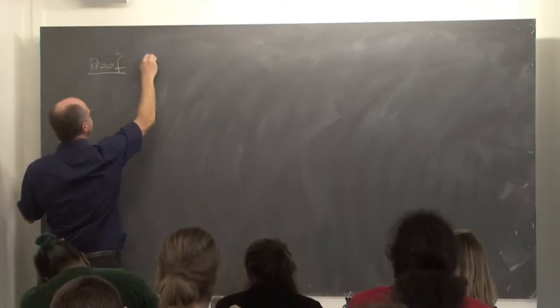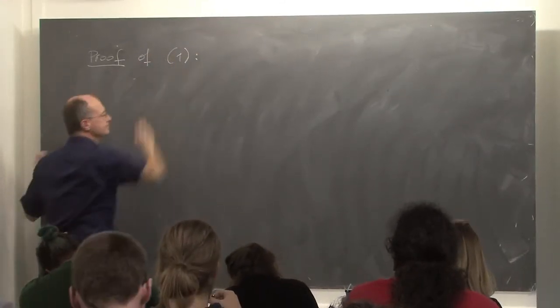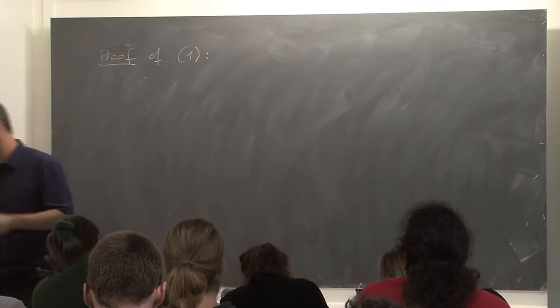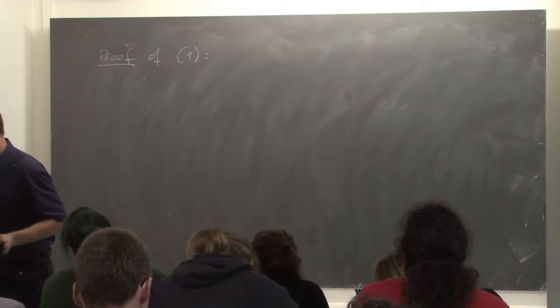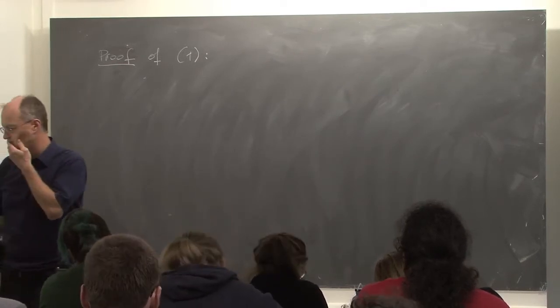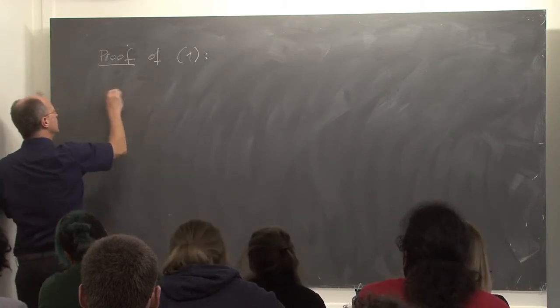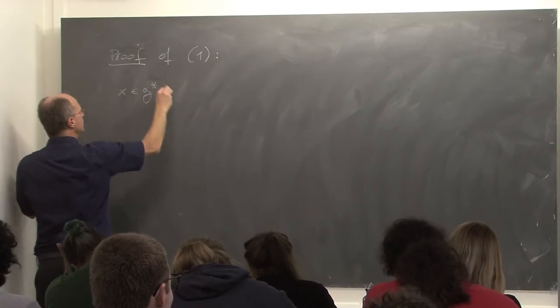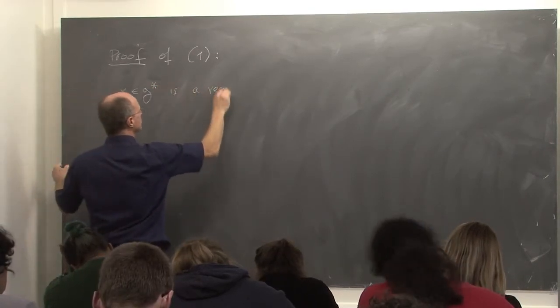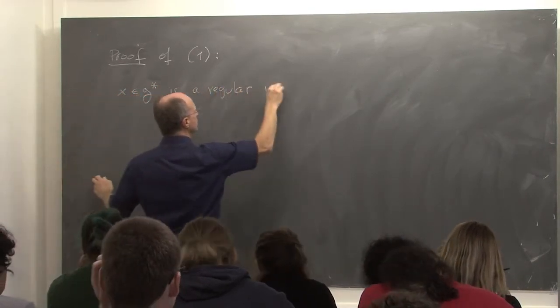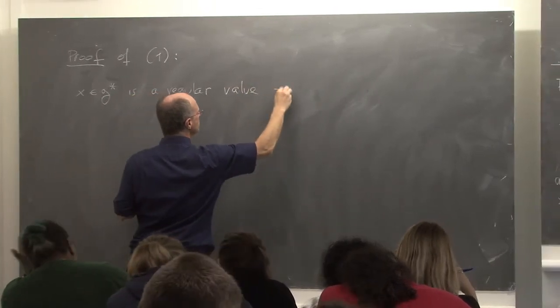So proof of one. I think this should be more or less trivial, right? So X in G star is a regular value.